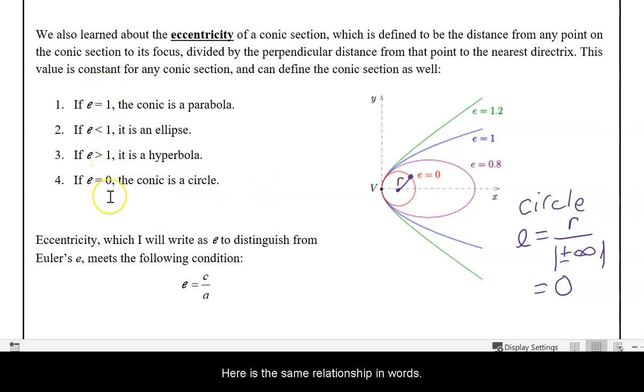Here is the same relationship in words. Again, I'll use a slightly different symbol, though technically we do use lowercase italicized letter e to represent both Euler's number and eccentricity. We also have this relationship for eccentricity, that it is the relationship between c over a. This is true for all the conic sections.